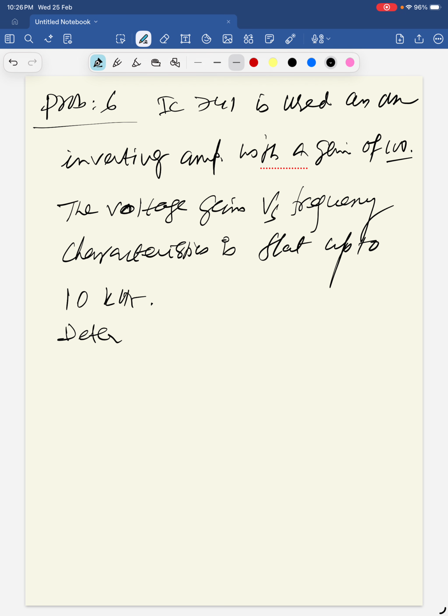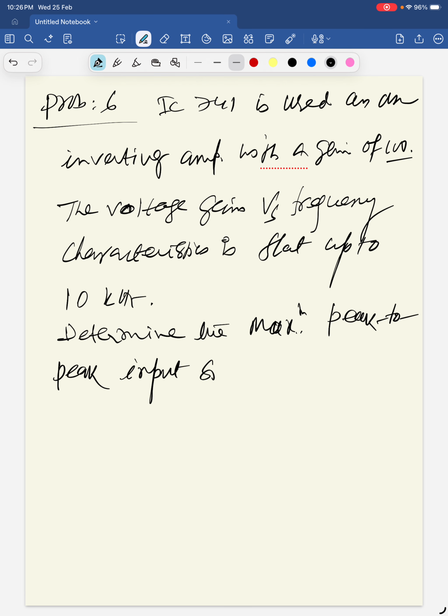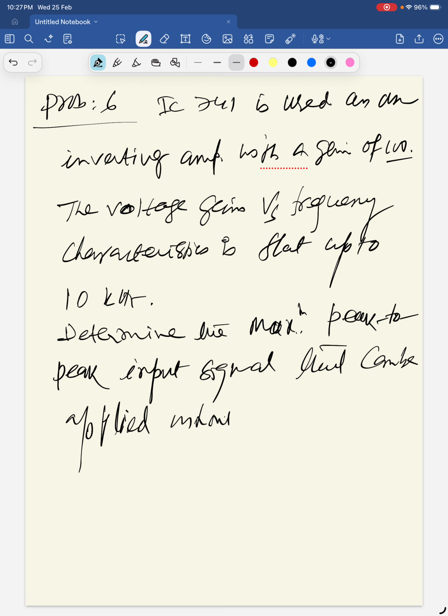Determine the maximum peak to peak input signal that can be applied without any distortion to the output. We are finding the input signal amplitude, the peak to peak input signal that can be applied without any distortion to the output.